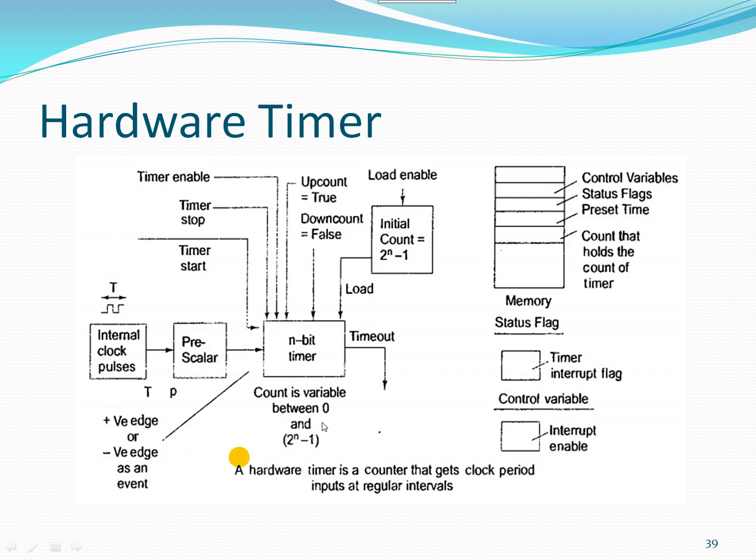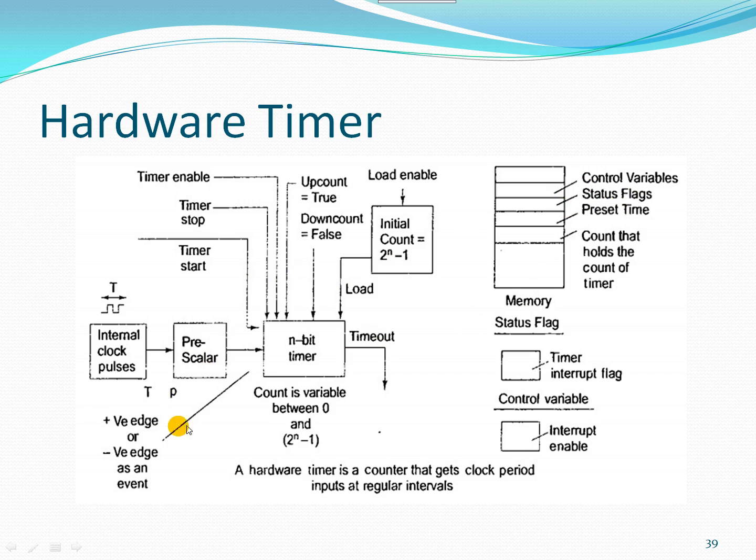So this type of arrangement can be modeled into one particular memory. For each of the timers, the memory slices will be given, and these are all the particular parts of the memory slices. So the control variables that we have seen here, and the status flags.